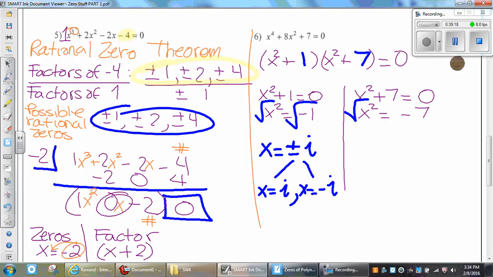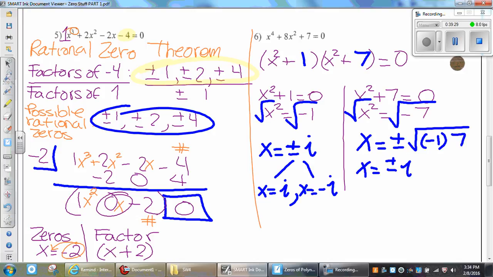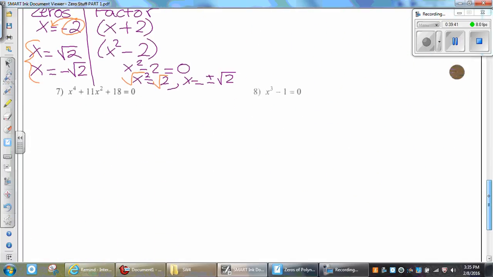Now here, same thing, take the square root, so x will equal plus or minus the square root of negative 1 times 7, so that will be plus or minus i, and then the square root of 7 stays inside. So that means that you have positive i square root of 7 and negative i square root of 7.